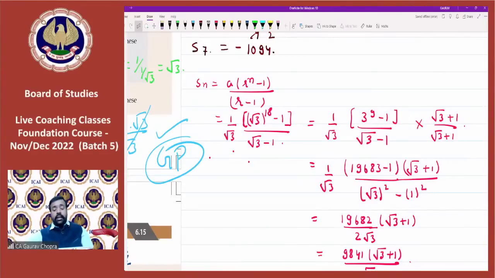And after applying, the main step was doing the rationalization. Whenever root of 3 minus 1 is coming into the denominator, then you have to rationalize. Rationalization means multiply and dividing by root 3 plus 1 and root 3 plus 1. So after doing this, we have done simple multiply and divide and then got the result. Okay.